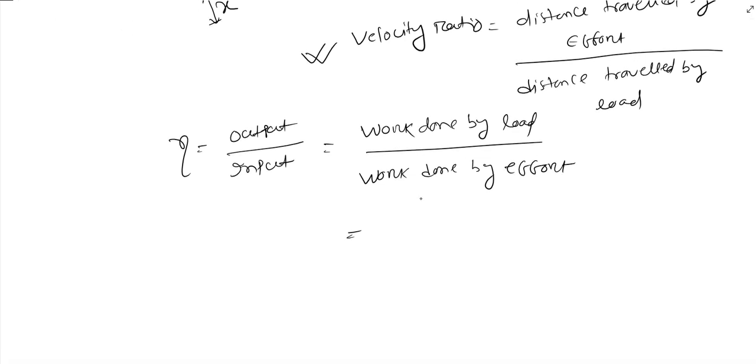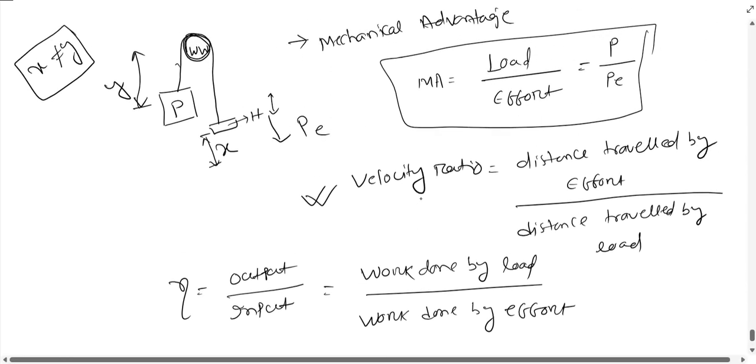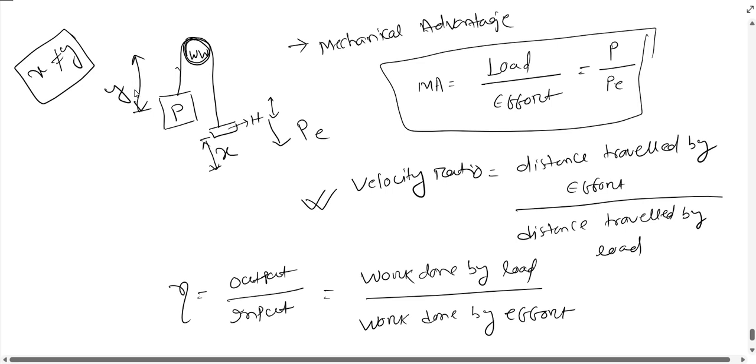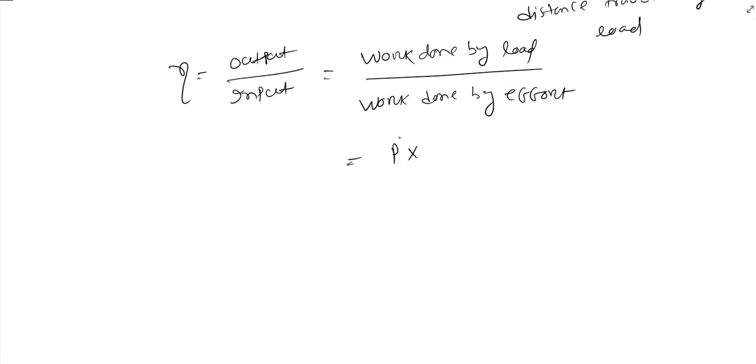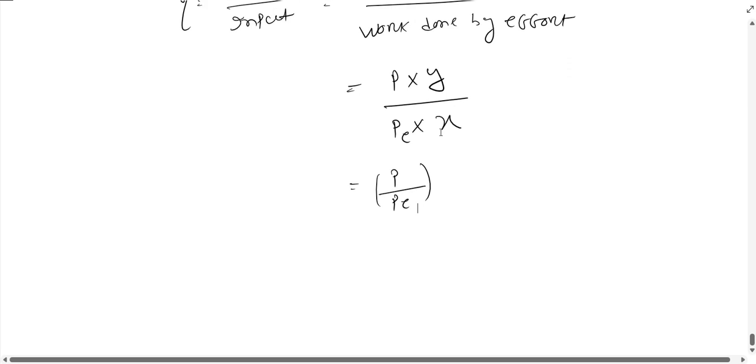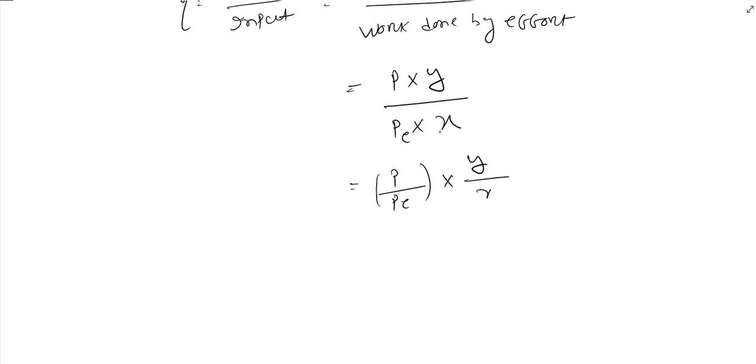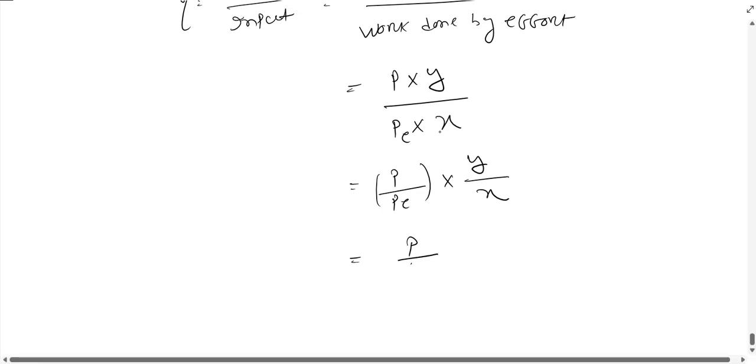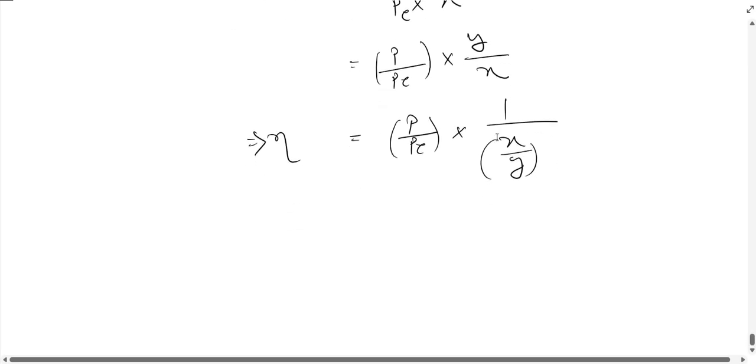So work done by load is P into y, the distance traveled by load, and work done by effort is PE into x. That is P by PE into y by x, or we can write P by PE into 1 by x by y, that is the efficiency.